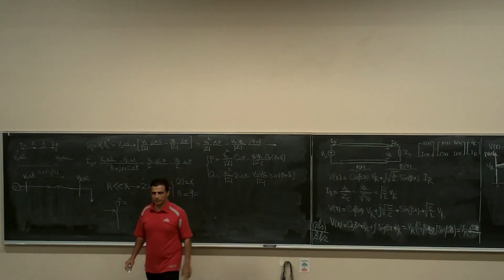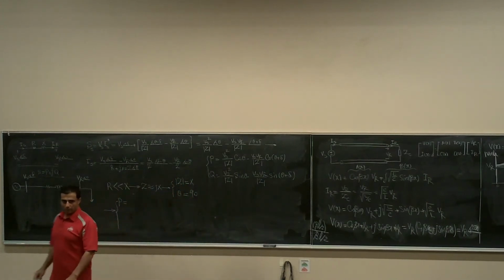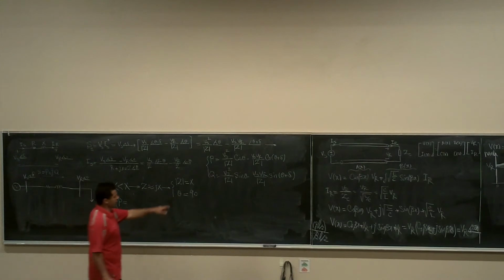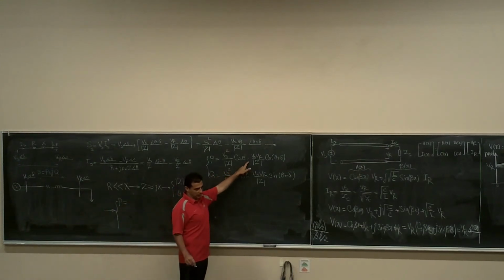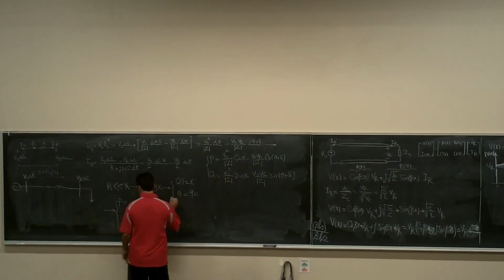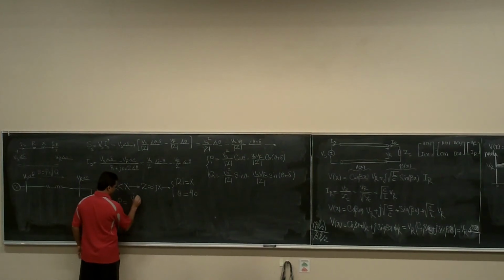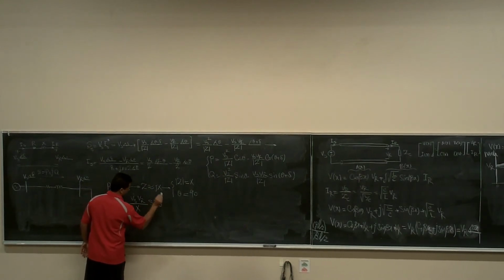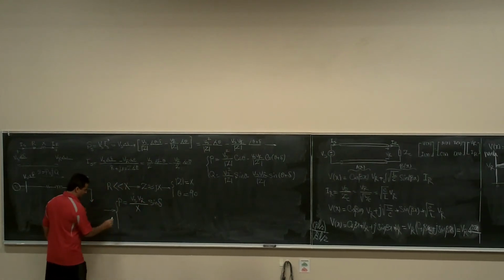How much is the cosine 90 plus delta? Minus sine delta, right? Minus sine, minus positive, right? So basically it becomes VS VR over X sine delta.